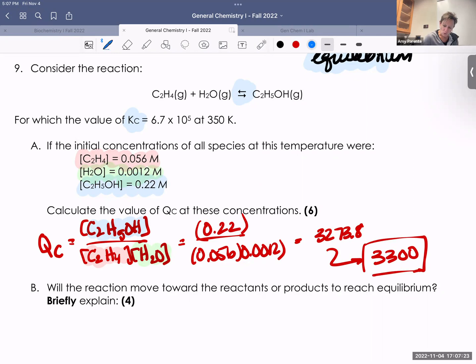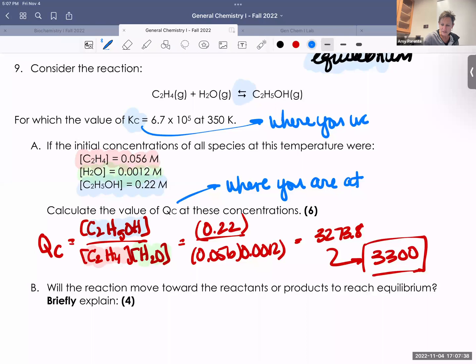Remember, Q represents where you are at. Okay. And then K represents where you want to be.